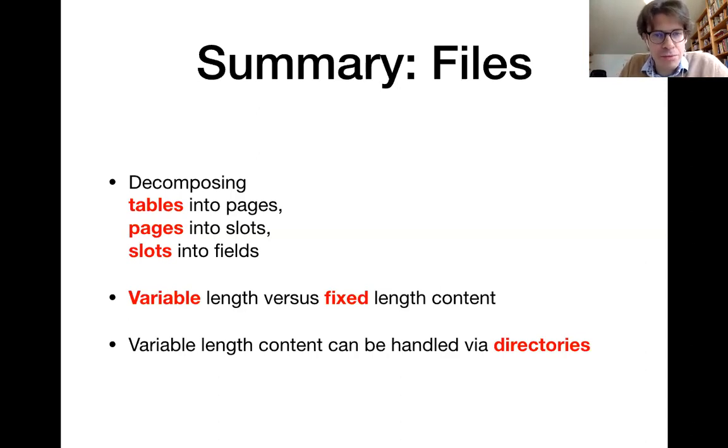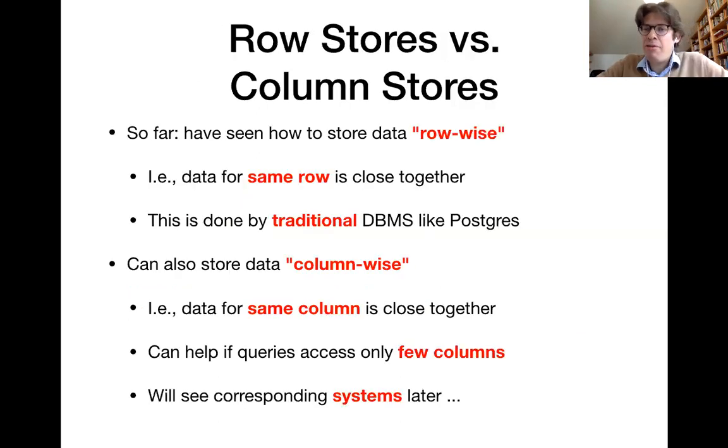All right. Now, one last remark on how we store data. What we have been discussing so far essentially assumes that data which belongs to the same row is stored close together on a page. And that is the traditional way of storing data, which is, for instance, used by Postgres. Since it stores data from the same row close together, it's also called a row store architecture.